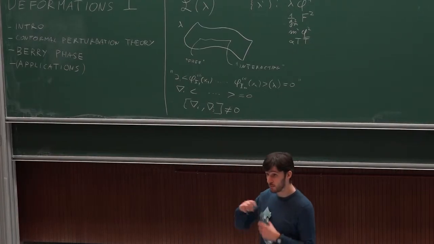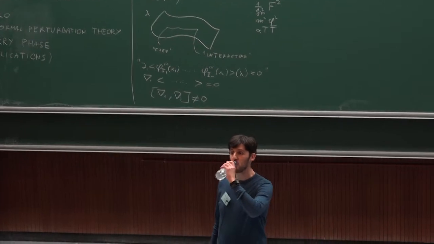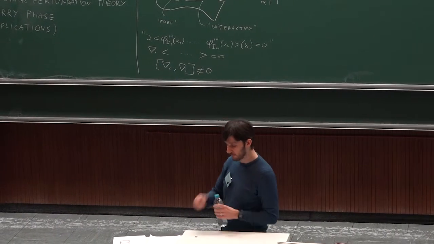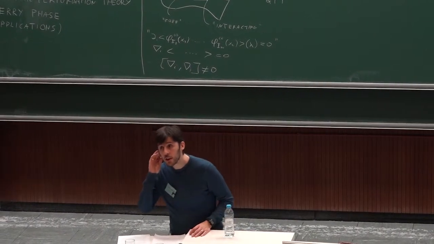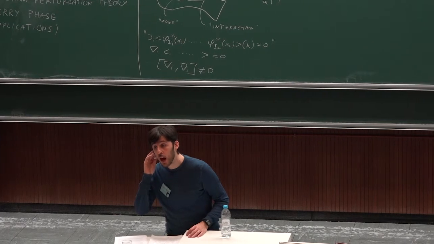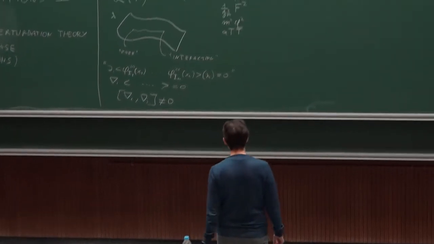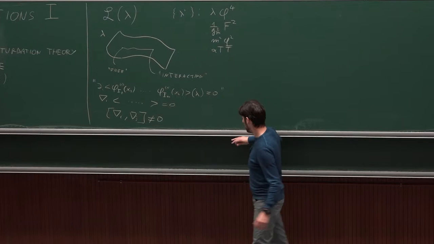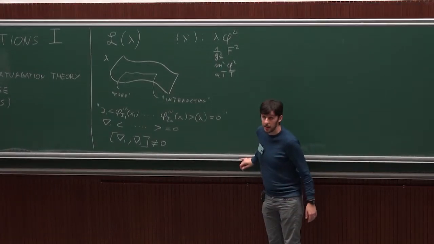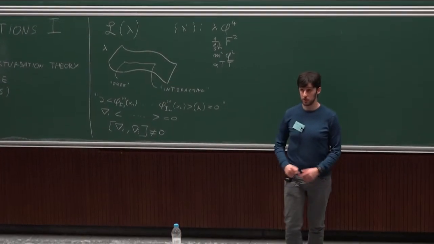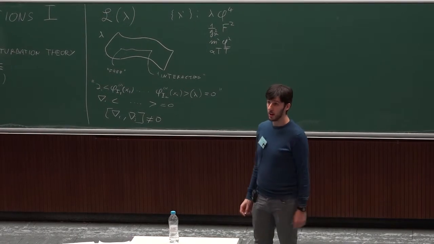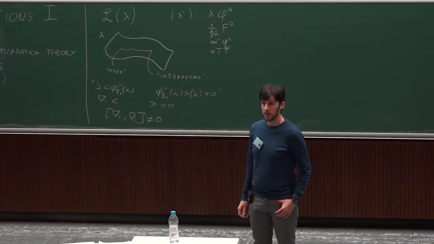Any questions so far? Can we see this, say, at the level of the Callan-Symanzik equations? Ah, can you see this at the level of Callan-Symanzik equations, is the question. Well, probably yes, but the Callan-Symanzik equations are about running couplings.